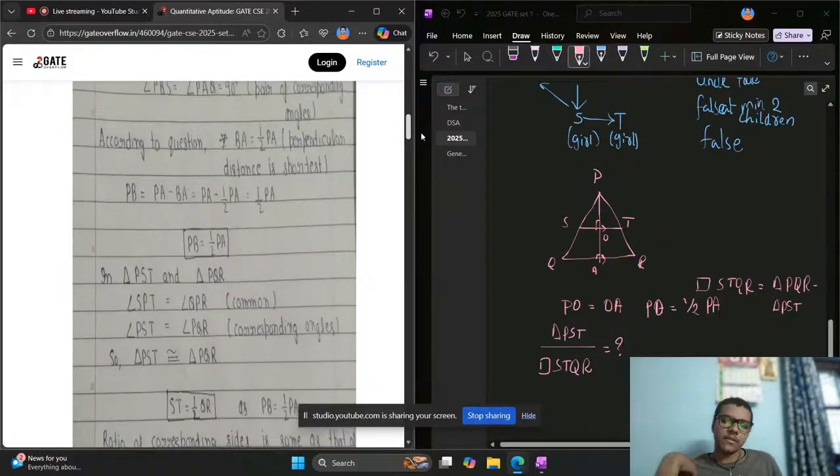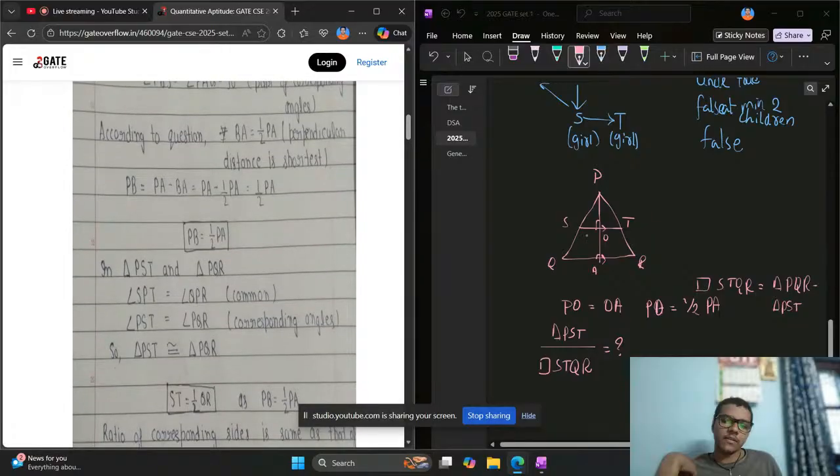PST and PQR angle. Yes, wait. Okay, this is a common angle. Common angle, that checks out. PST, PQR corresponding angles. Okay, that's all you need.